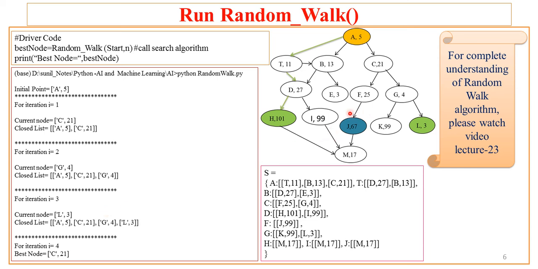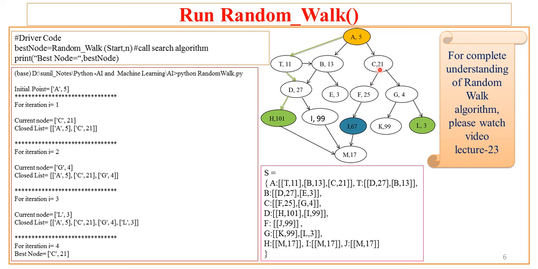But the best node seen so far is C, so at each step it checks whether the current node has a better heuristic than the best node seen so far. If no node has a value better than the best node, then obviously that best node is kept as the node to be returned after the iterations.